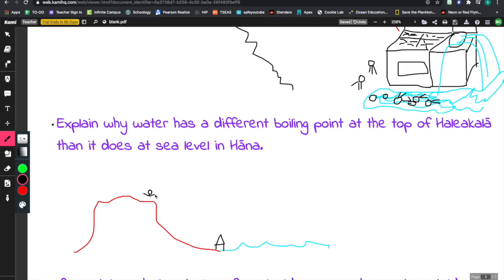Well, yes, it's cold. But what we're really concerned about here is atmospheric pressure, okay? So remember, we live on planet Earth, and here is, let's just say, our atmosphere, okay? So when you're down here at sea level, what we call sea level is the same everywhere around the world. It's where the ocean comes up to, right?